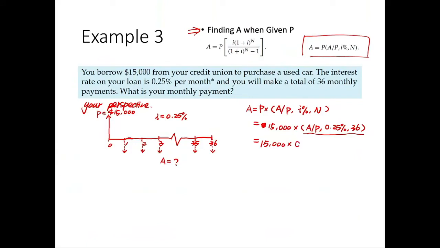And that factor is 0.0291, which is 436.5 per month. So that is your monthly payment to that loan, okay? Which is very useful.